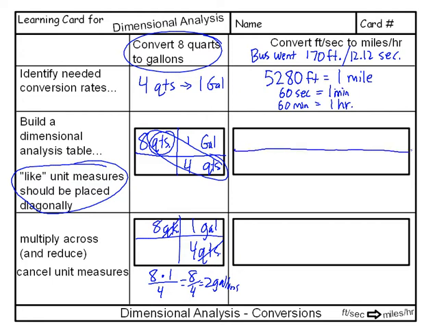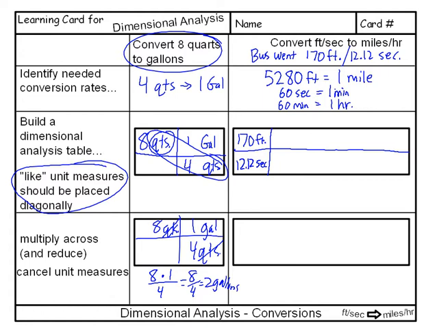All right, I'm going to start my dimensional analysis box or table, and I've been given 170 feet for 12.12 seconds, and I need to convert. Now I just said that like units of measure, we're going to start.